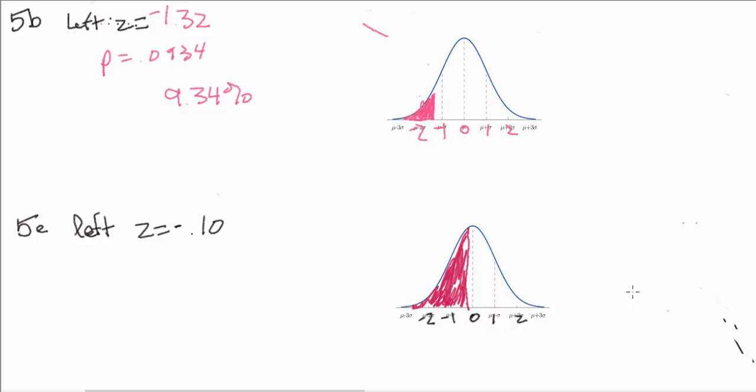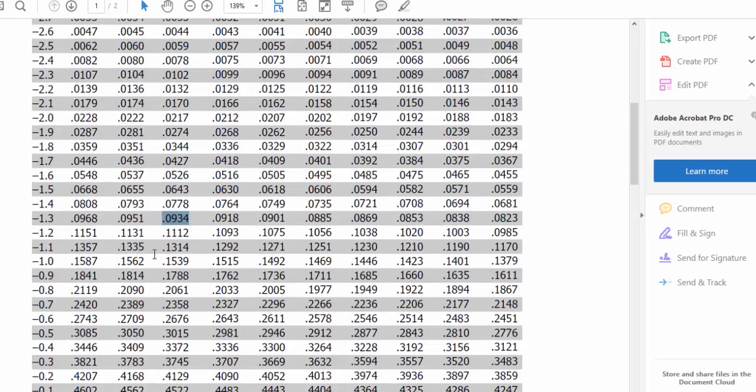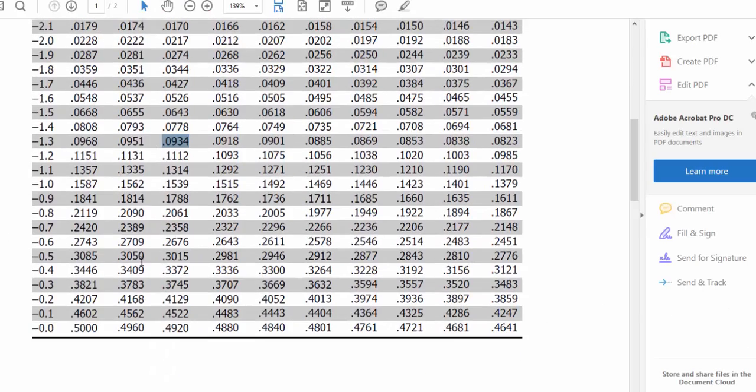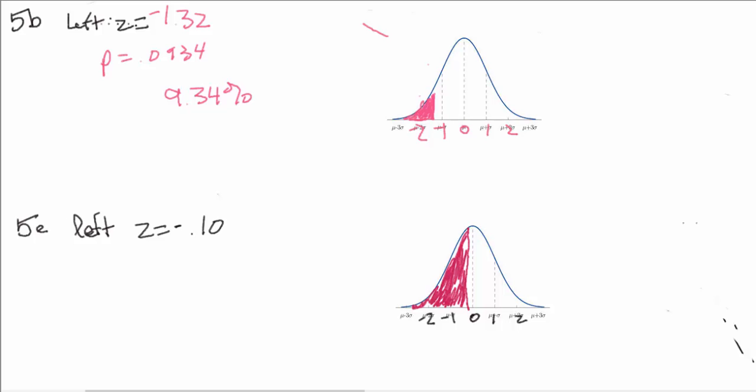Nonetheless, we still need to go to our z-table and look that up. So let's pull up that z-table. Now we want z equals negative 0.10, so 0.4602. P equals 0.4602, or 46.02% of the scores lie to the left of z equals negative 0.10.